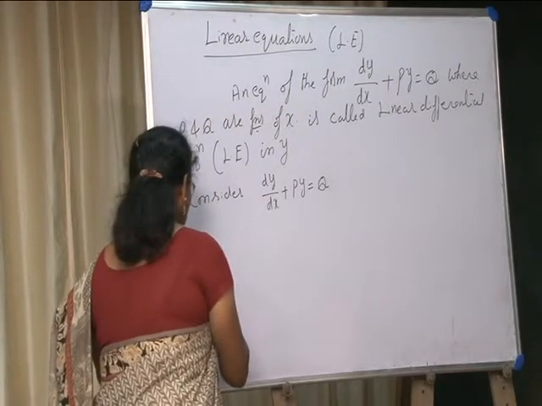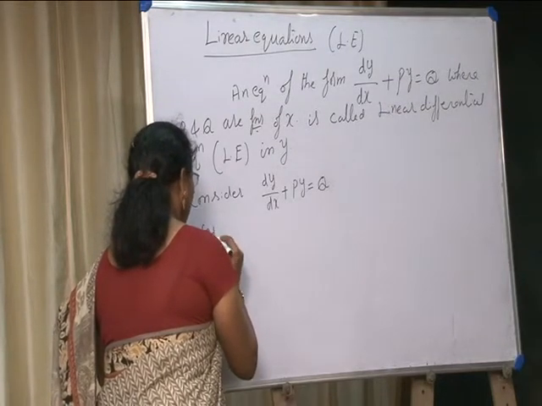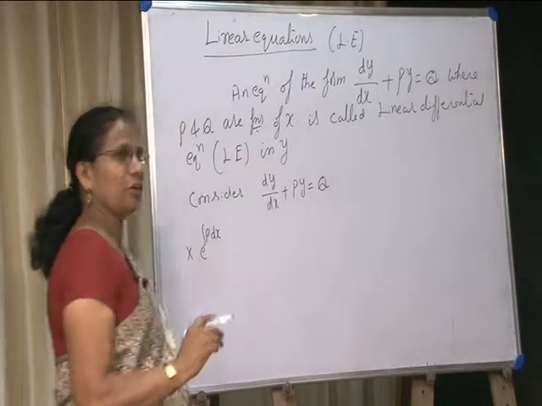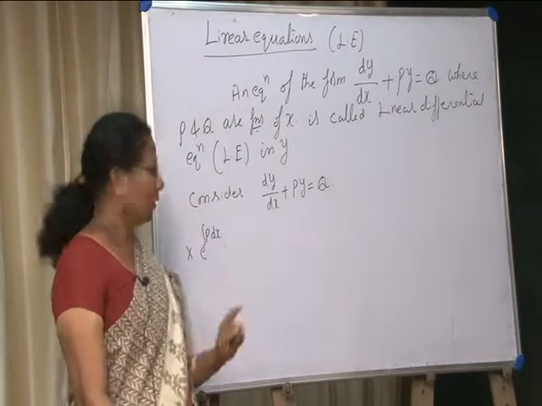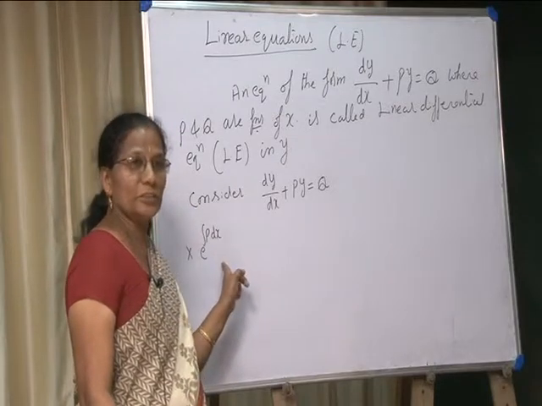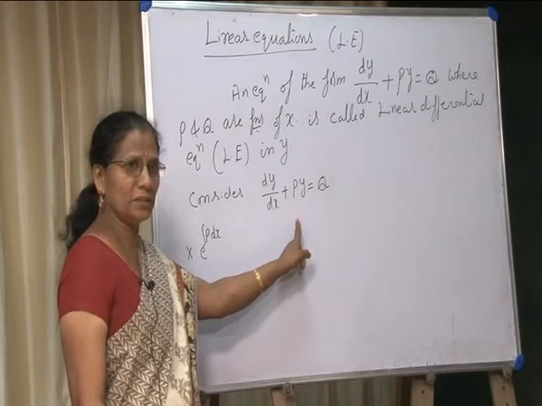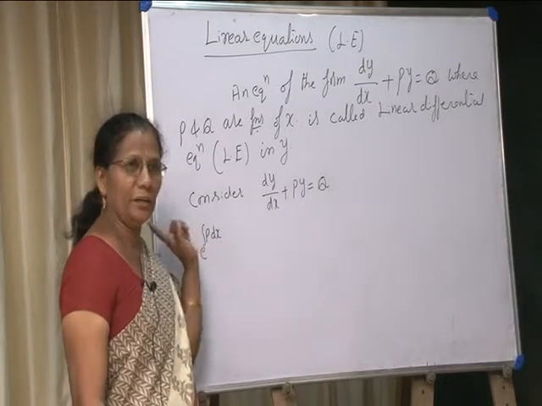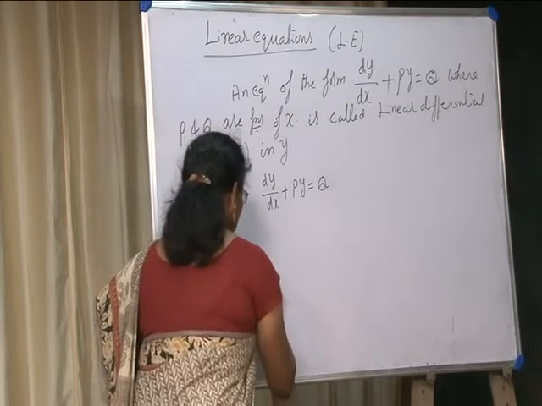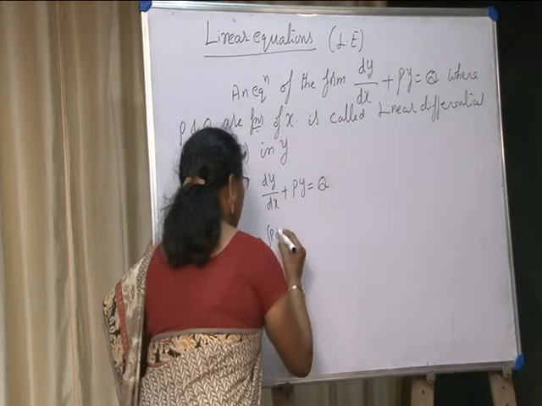According to this definition, we know very well this p is a function of x. Now multiply this equation on both sides by e to the power of integral of p dx.